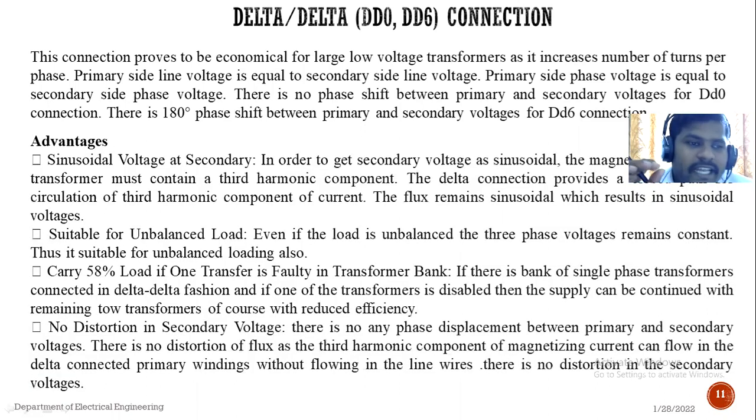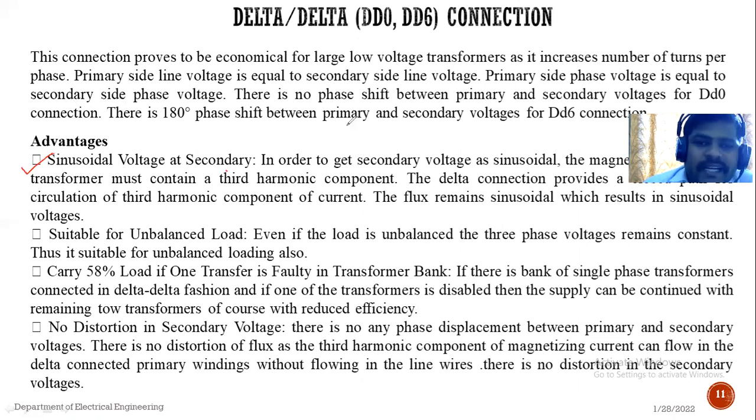Okay, 180-degree phase shift. See, there are some advantages of these types of connection. We will discuss those advantages. The first advantage is nothing but sinusoidal voltage at the secondary side.